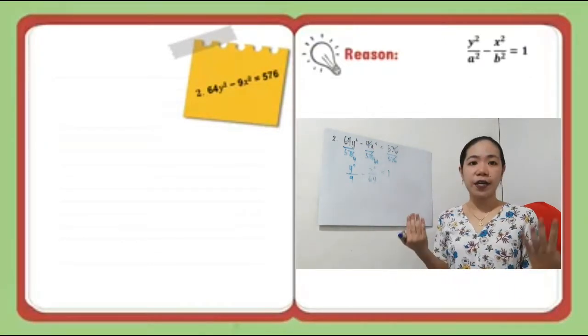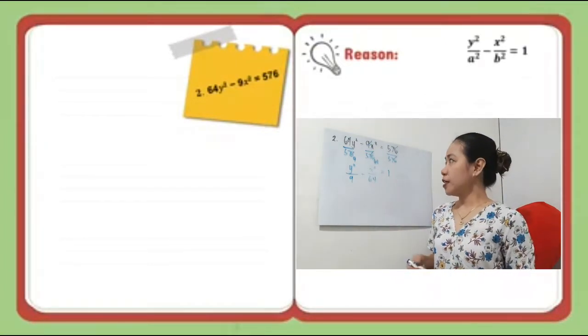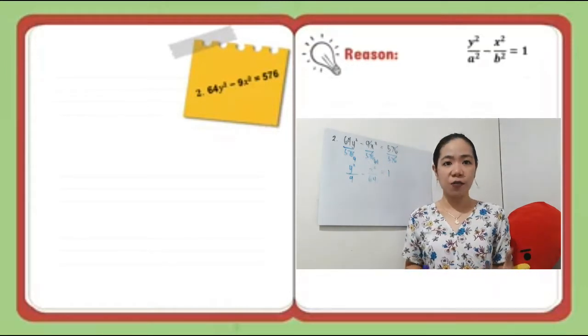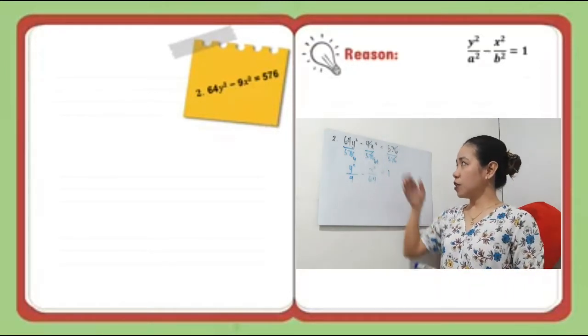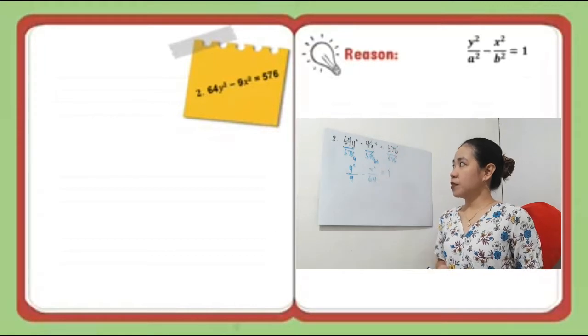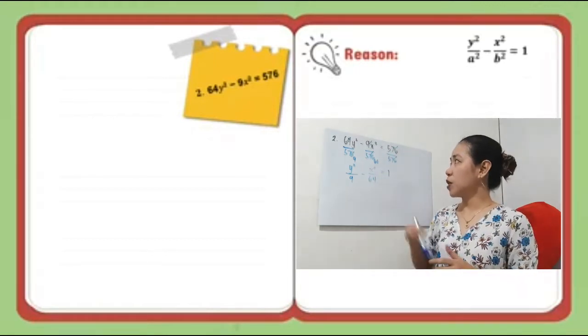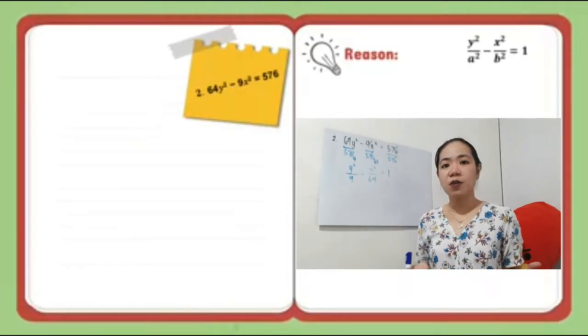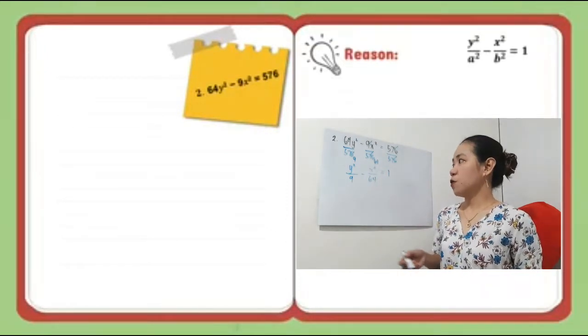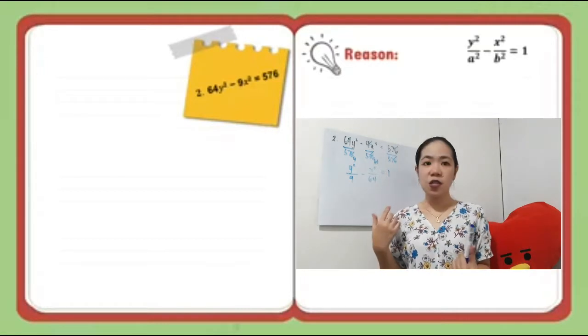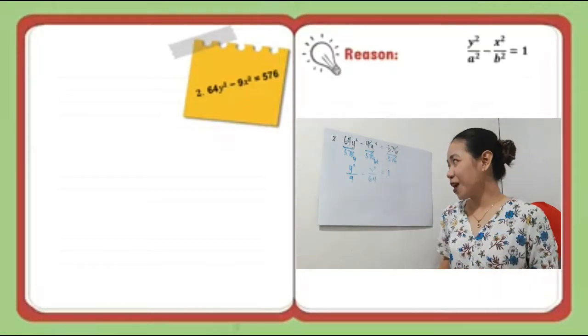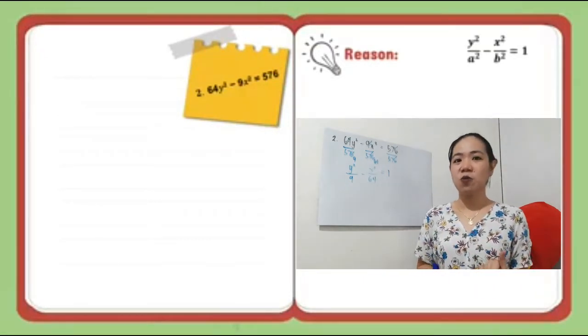We have 1y squared, we don't need to write 1. And then 576 divided by 64 is 9. On the other term, 9 divided by 9 is of course 1, so we have x squared. 576 divided by 9 is 64. Now we have the equation y squared over 9 minus x squared over 64 equals 1.